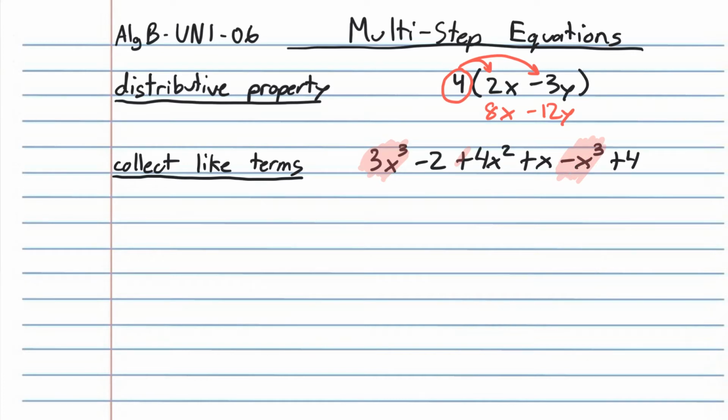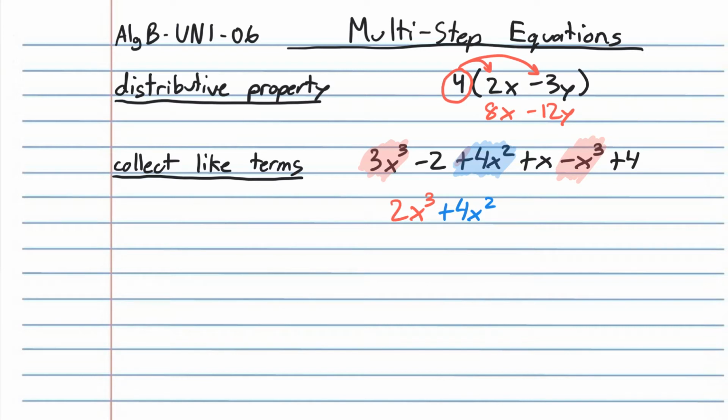Okay, so we can go 3x to the power of 3 minus 1x to the power of 3, and that would give you 2x to the power of 3. And then you just keep going to the next highest. The next highest one would be the power of 2. So we have 4x to the power of 2. Now it's by itself, so there's nothing really to combine it with. So we can just write it out next to it: plus 4x to the power of 2. Okay, after that, we go with x's.